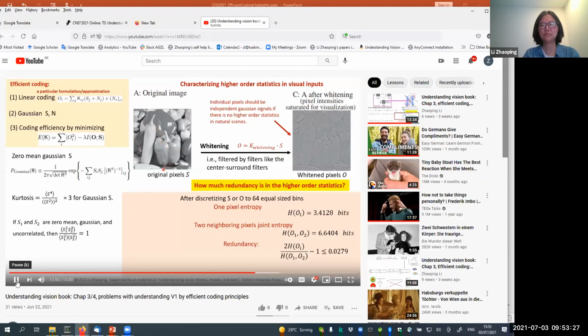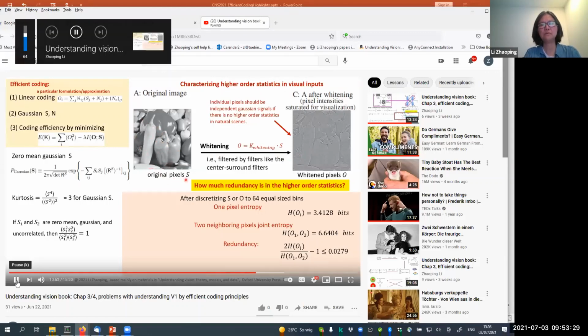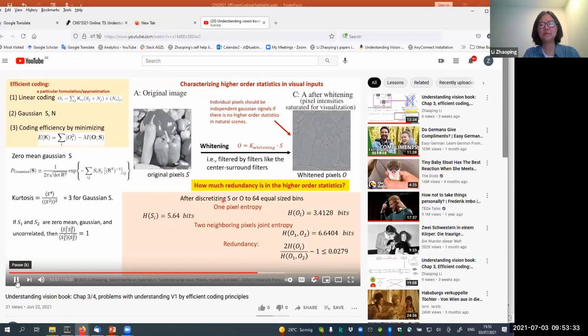In the original image, we can do exactly the same thing, but take this pixel value S before the whitening, and we find that for exactly the same grayscaling discrete values of 64, you have, this is the single pixel entropy and neighboring 2 double pixel entropies. And look at this, this is not the twice of that.